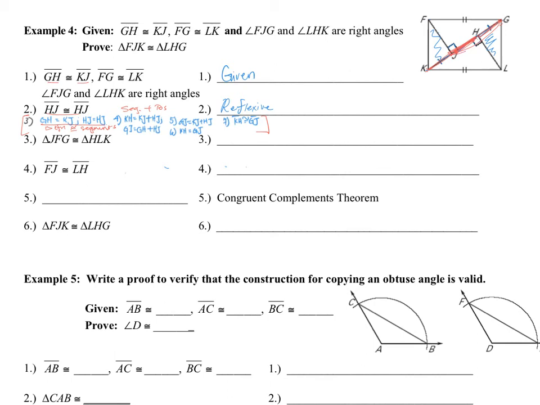And then for step 5, I substituted GH from step 3 for KJ, so then I can say KH is equal to GJ by substitution. So for both steps 5 and 6, we can say substitution. And then I need to change it back to congruence form, so definition of congruent segments.